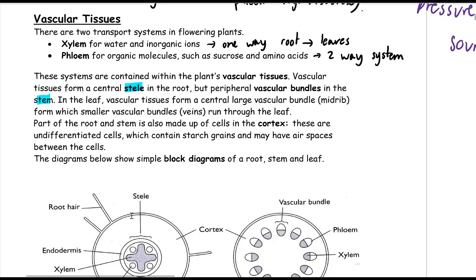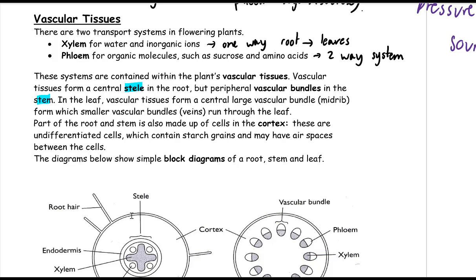So the xylem and phloem then are contained within the plant's vascular tissues. The vascular tissues form a central stele in the root, but peripheral vascular bundles in the stem. In the leaf, the vascular tissues form a large central vascular bundle known as the midrib, from which smaller vascular bundles run through the leaf. Part of the root and stem is also made up of cells in the cortex.